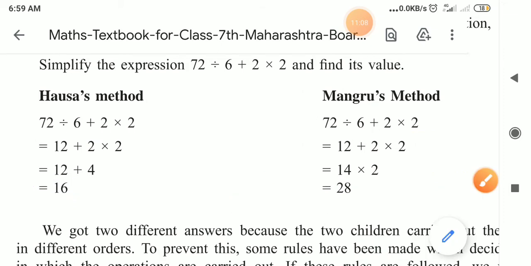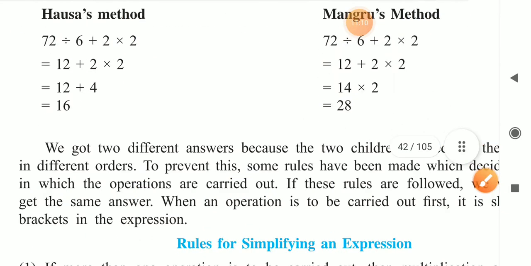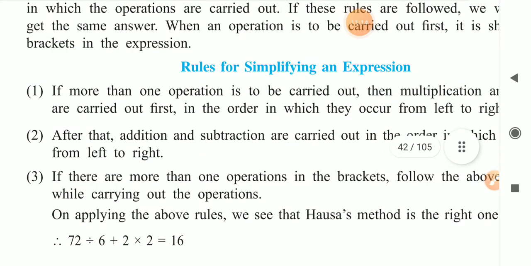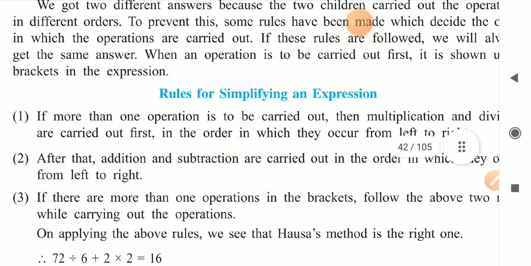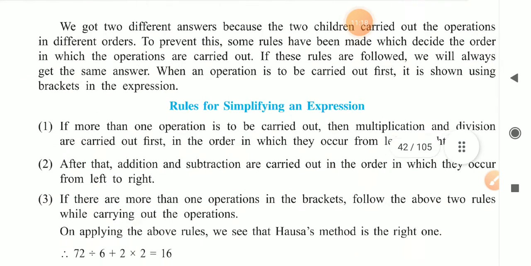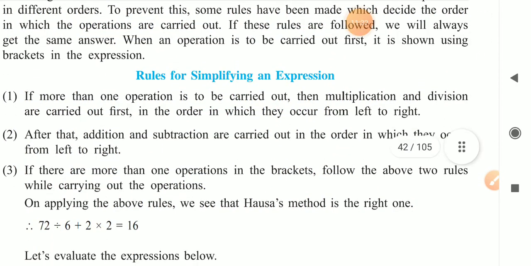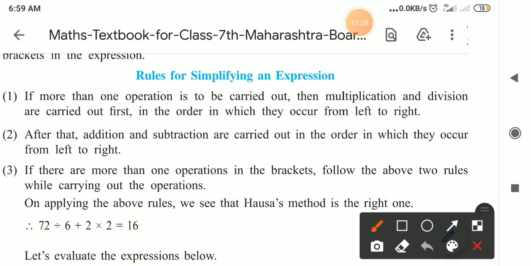Whenever such examples come, whose answers are correct and whose are not, we are going to discuss. There are some rules. First we will see the rule and then decide whose answer is correct. If more than one operation is carried out, then multiplication and division are carried out first. In this example, division is there, addition is there, multiplication is there.